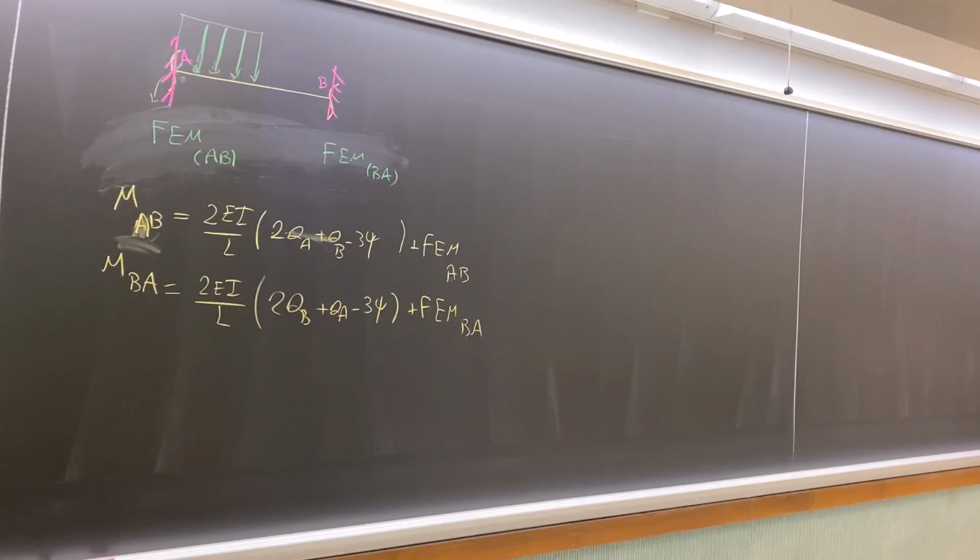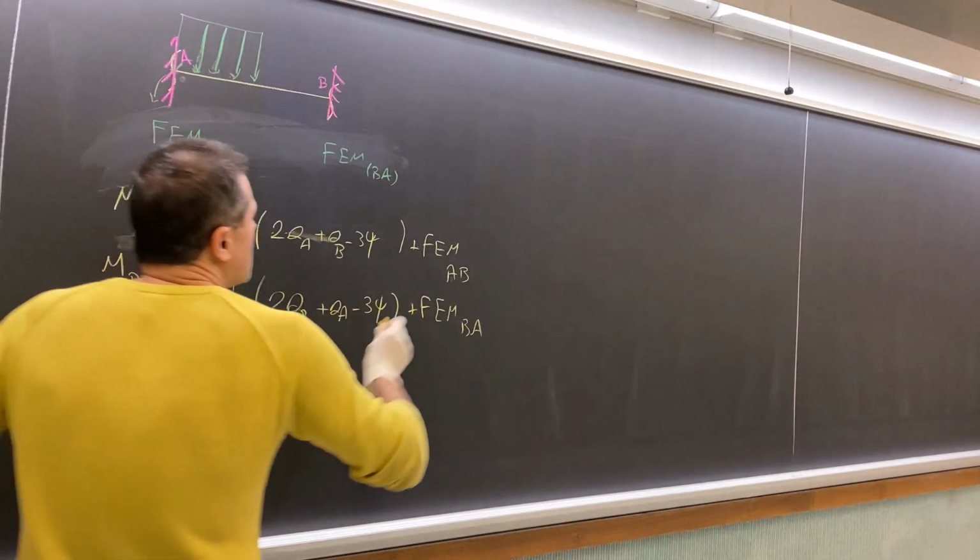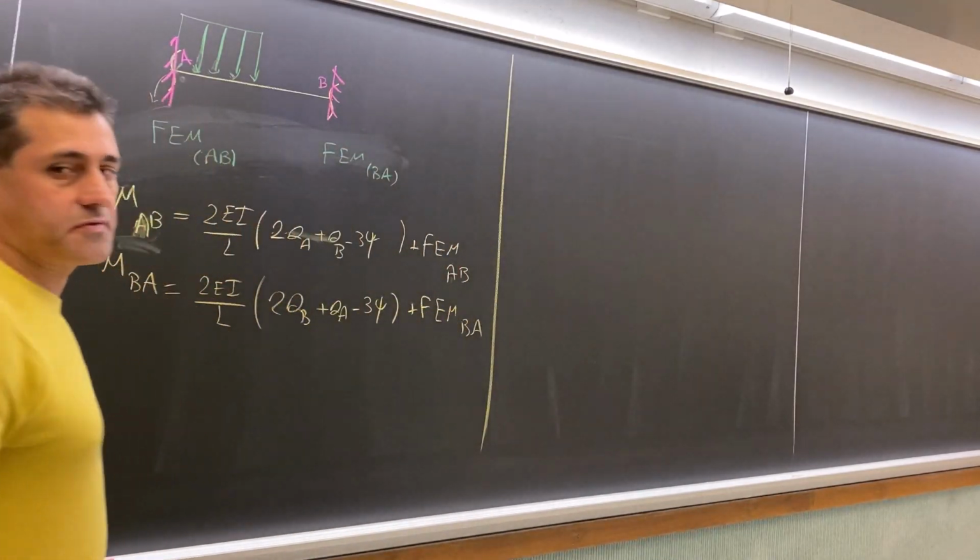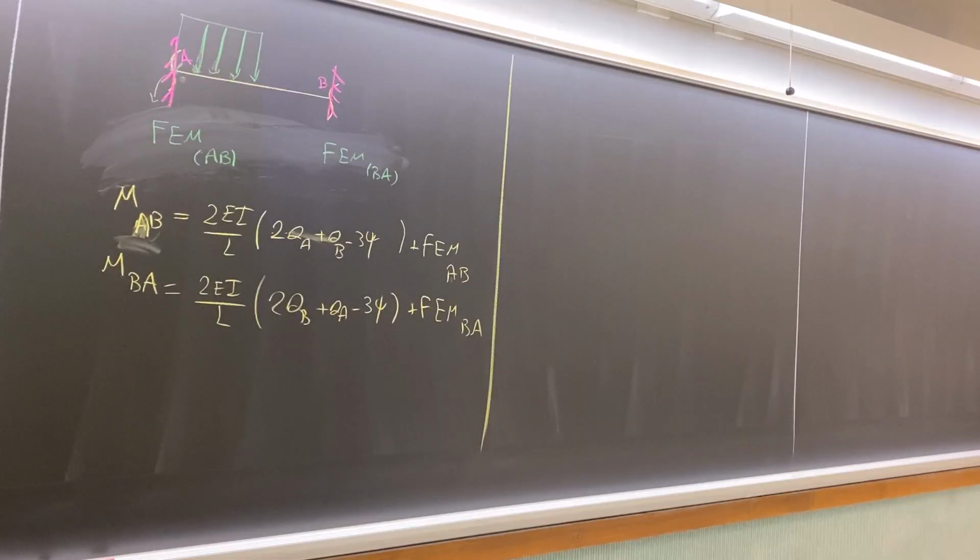Any questions? So this is just to recap what we have discussed so far. I'm just preparing your mind for modified slope deflection, because you may confuse the original slope deflection with the modified. So now, any question for this? Now, we are going to simplify this equation.